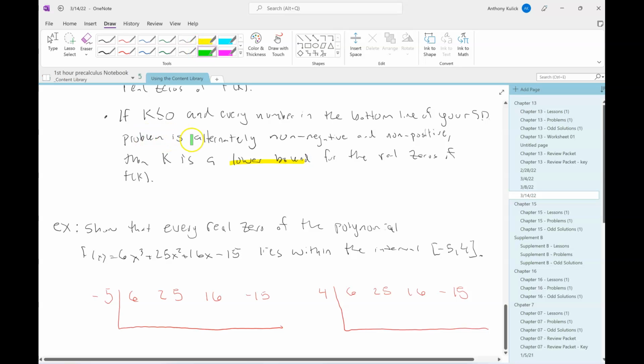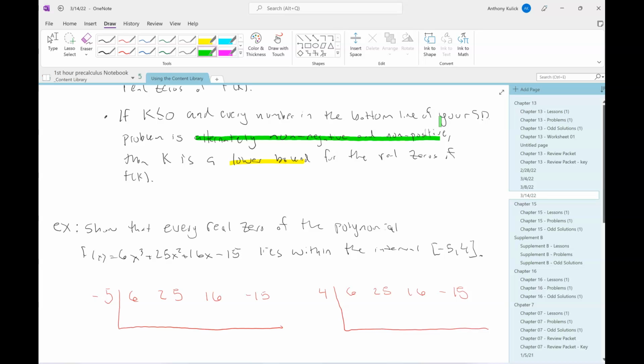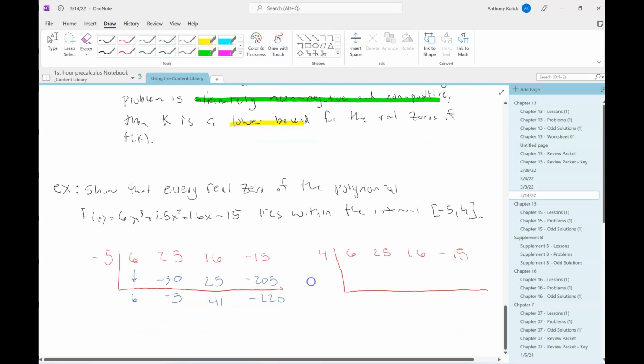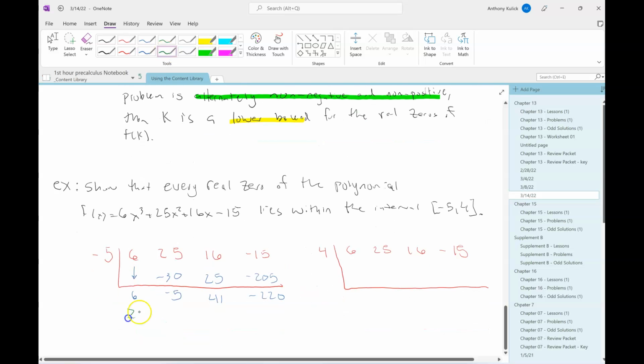If I think -5 is going to be the lower bound, I'm looking for the parts underneath my synthetic division to be alternately non-negative and then non-positive. So positive, negative, positive, negative. So I have greater than or equal to 0, less than or equal to 0, greater than or equal to 0, less than or equal to 0.